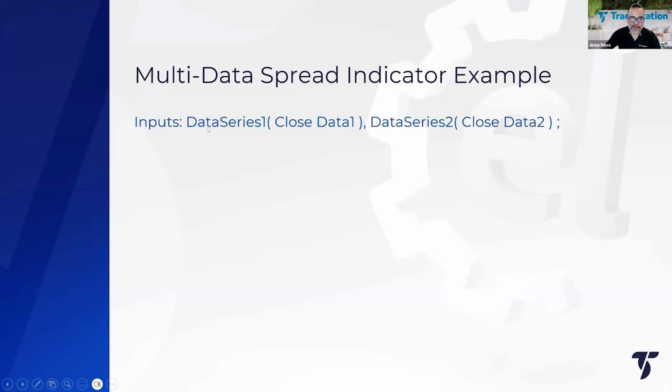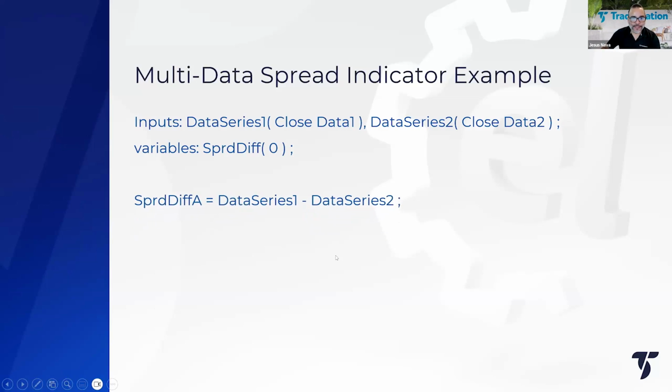We are declaring inputs. My variable here is my spread diff. Variables are little containers that are going to hold snippets of code. In this case, we have the variable word spread diff, which is also made up, and it's initialized with the number 0. The parentheses 0 just means that we're telling EasyLanguage this word is going to hold a number. It's called a numeric variable. But here's where we find the calculation. Spread diff.